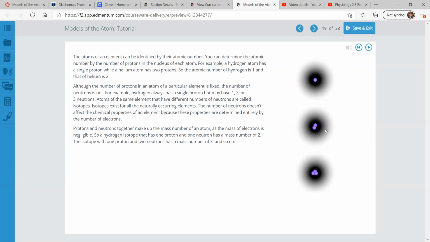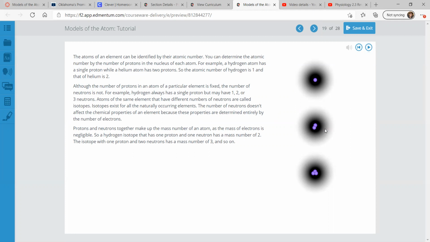Although the number of protons in an atom of a particular element is fixed, the number of neutrons is not. For example, hydrogen always has a single proton, but may have 1, 2, or 3 neutrons. Atoms of the same element that have different numbers of neutrons are called isotopes, and these isotopes exist for all the naturally occurring elements.